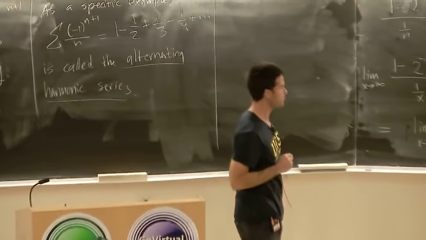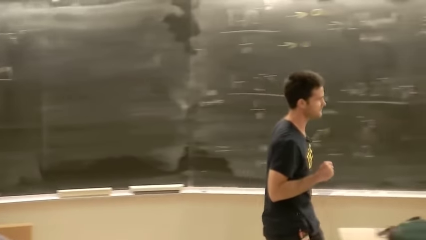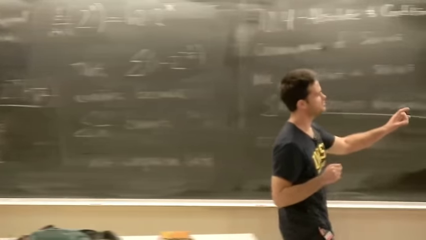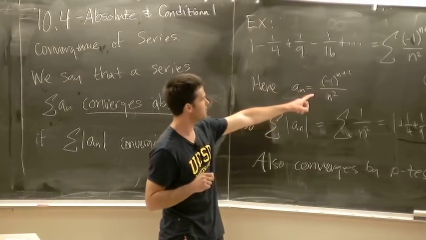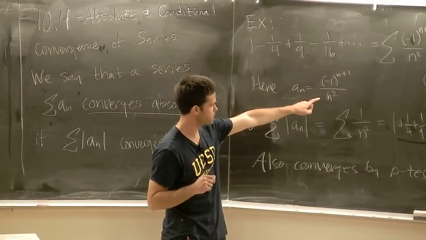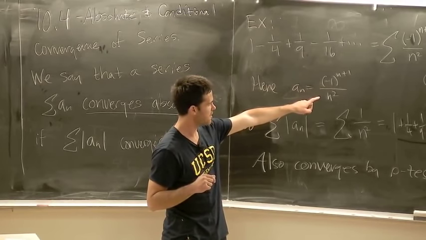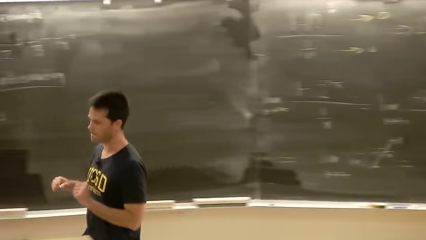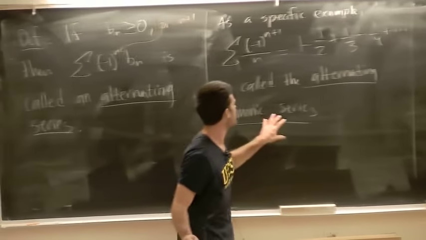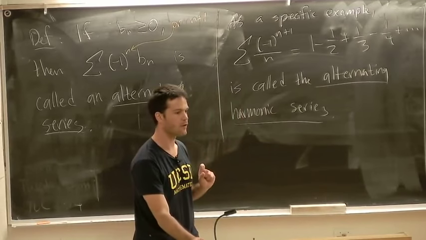And here's one more bit of terminology. Actually, wait, I can't give you this bit of terminology just yet. So let's look at the alternating harmonic series a little bit more.